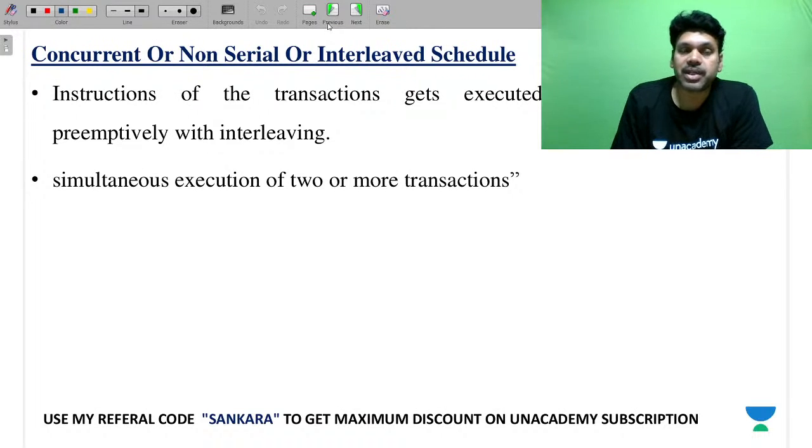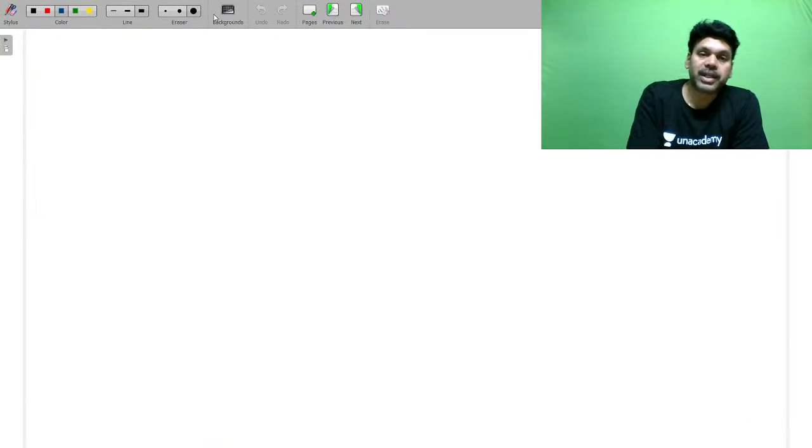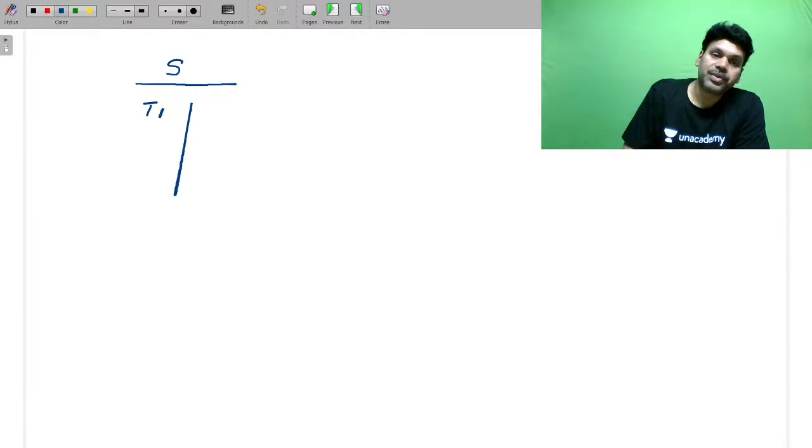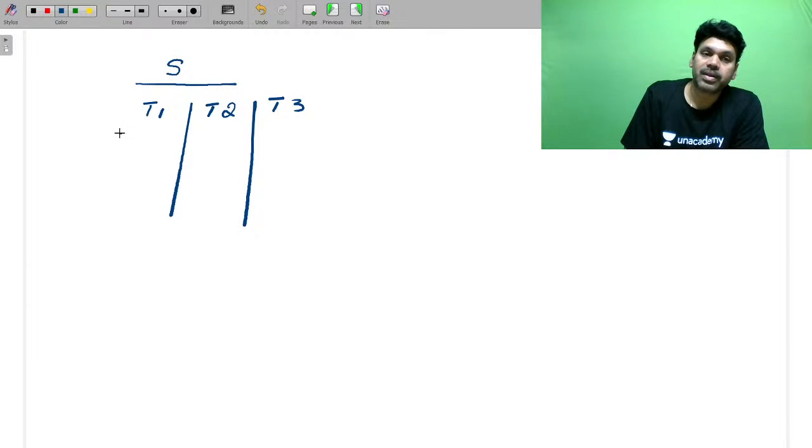And the other one is a concurrent or non-serial schedule, also called an interleaved schedule. So let me give one example here. There is a schedule S with a few transactions like T1, T2 and T3, and they are having some kind of actions inside.